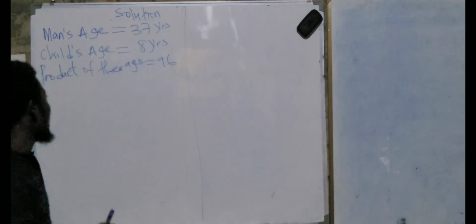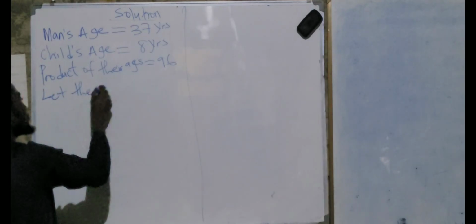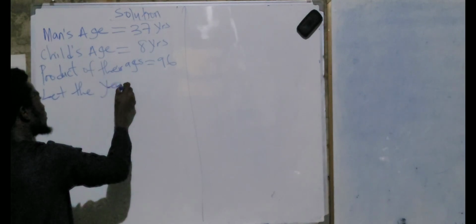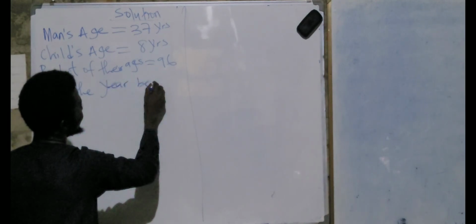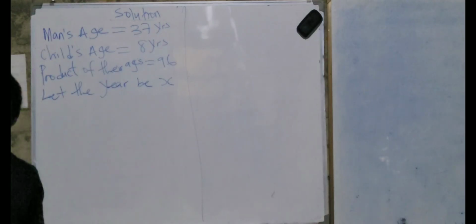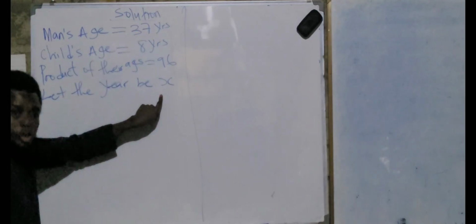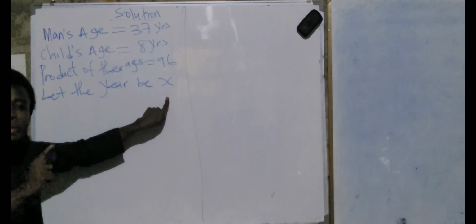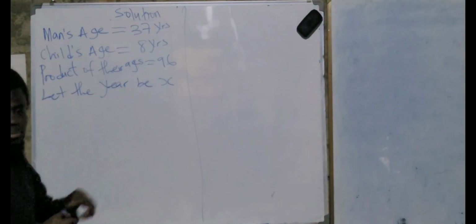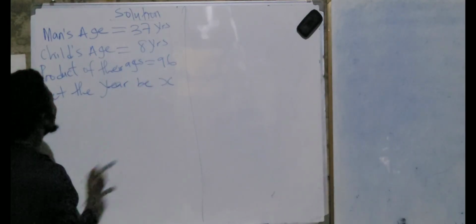In this case, let the year be X. I will use X. The father's age now and this age must be subtracted, right? How many years ago? The product of the ages, we use this guy.